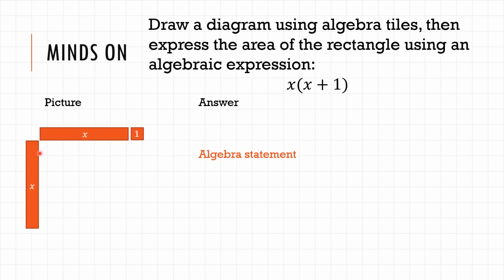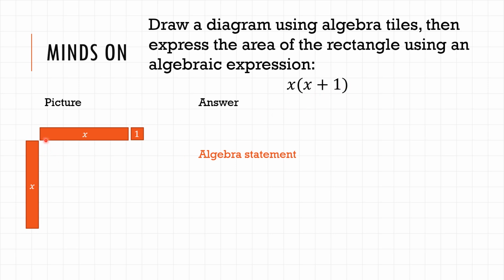It's got a certain length, and we're not sure how long it is. It's got a width of 1. And here is another x tile. These two are exactly the same in length, and their width is also the same, just 1. And this is what a 1 algebra tile looks like. So in other words, this is x, and this is x plus 1.